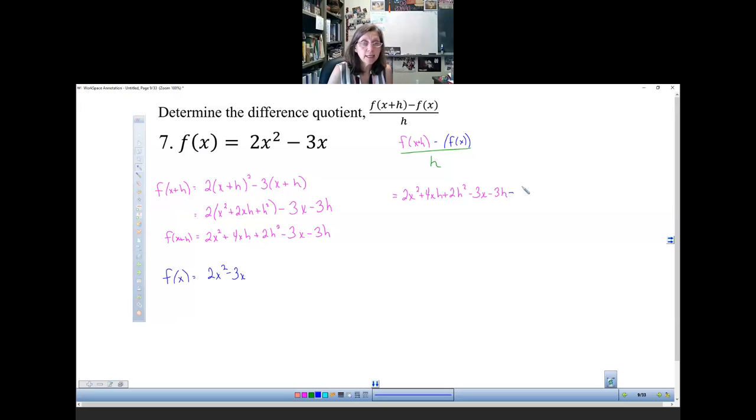And minus then my f of x, and then all of this is over h. Okay, I'm going to stop. Make sure your page looks just like mine. You may not have the really pretty pink and green and blue colors, but otherwise it should look the same.